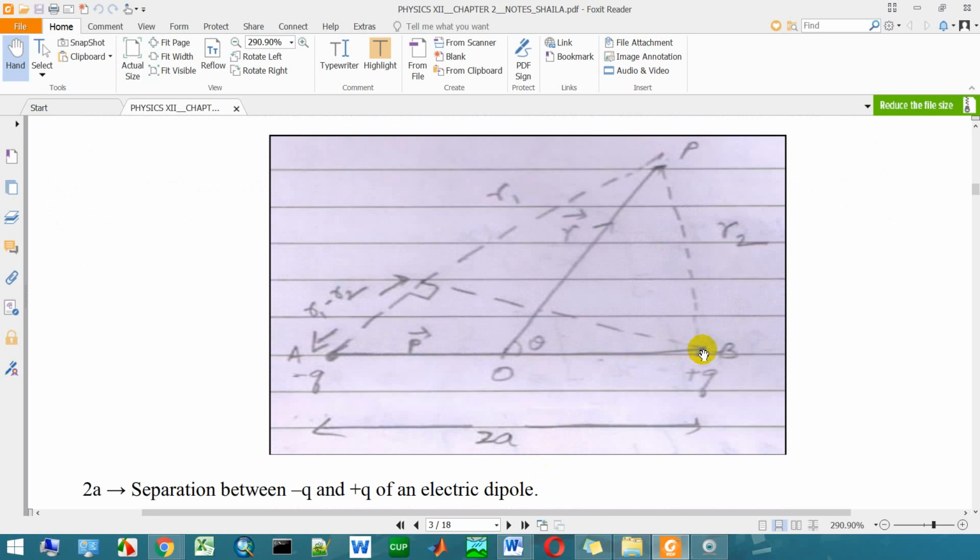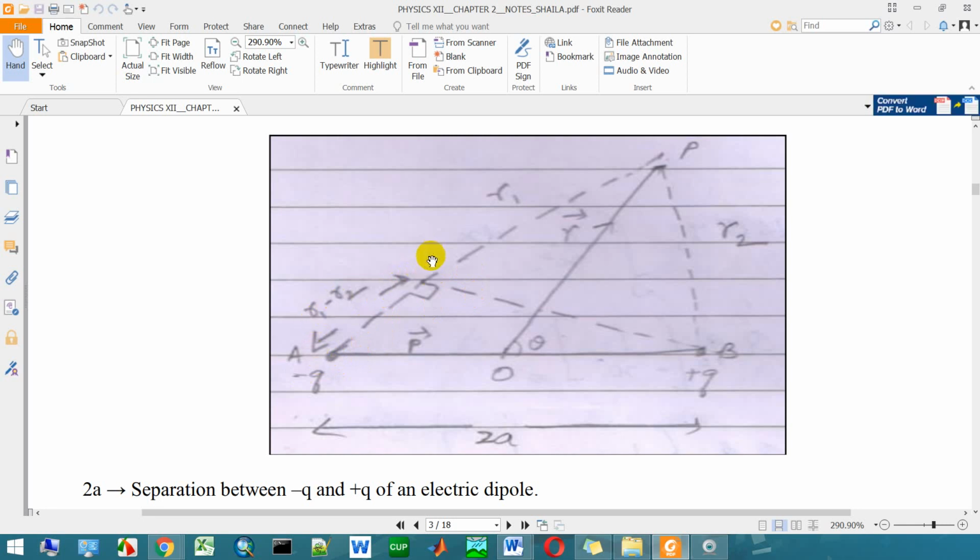When I draw a perpendicular from point B to this AB, and since it is a very small dipole, this difference, from here to here, is r1 minus r2.